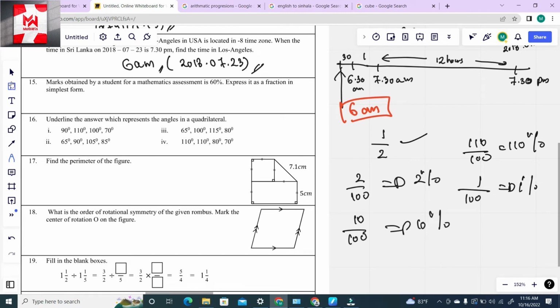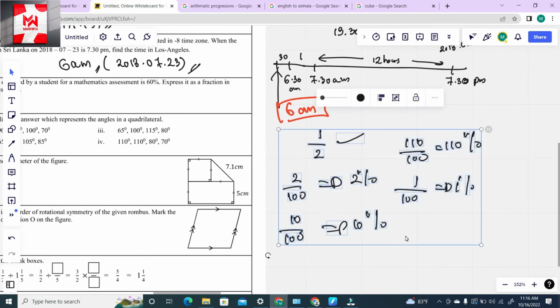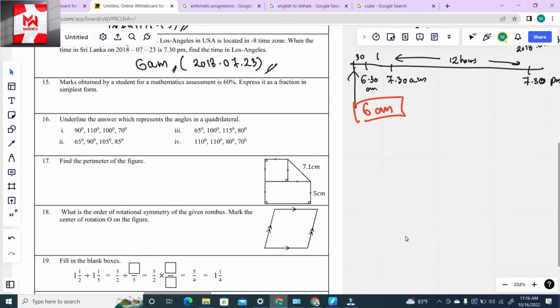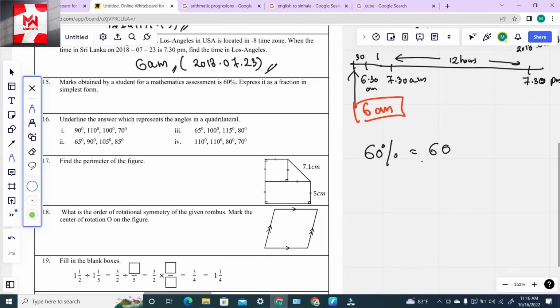Now they are asking 60%. The marks obtained by a student for a mathematics assessment is 60%. Now 60% is equal to 60/100, but you want to express it as a fraction in the simplest form.